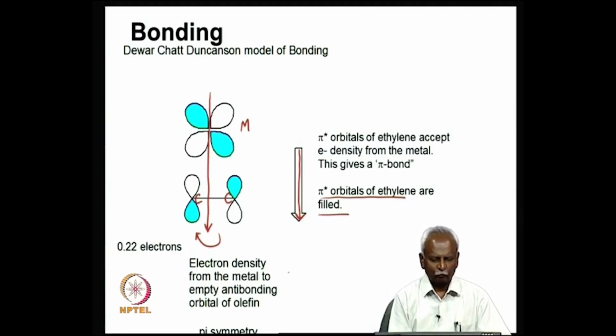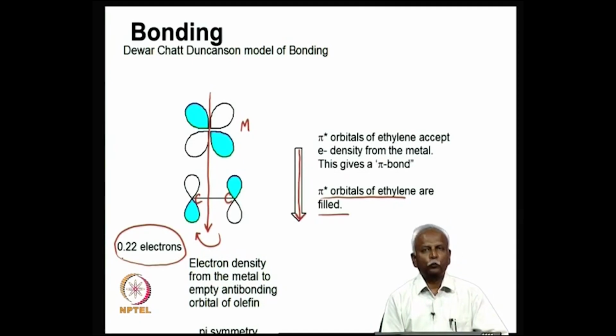So, this must involve pi symmetry. So, these are pi interactions, and people have estimated that in this pi interaction about 0.22 electrons are transferred from the metal to the olefin.